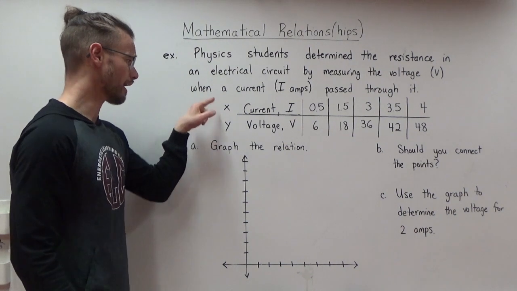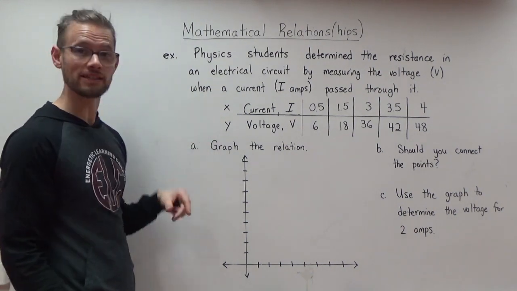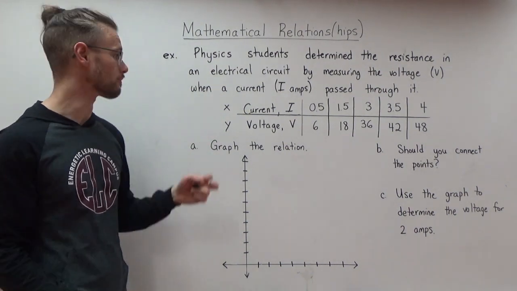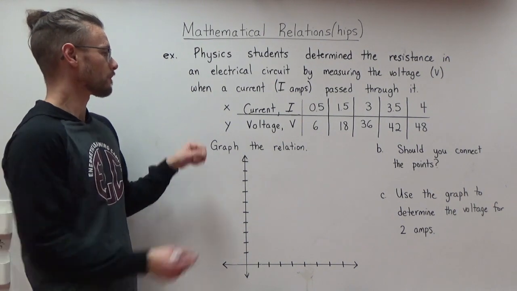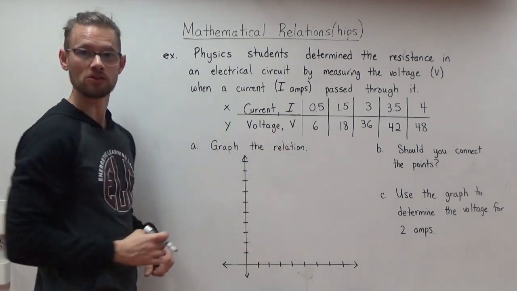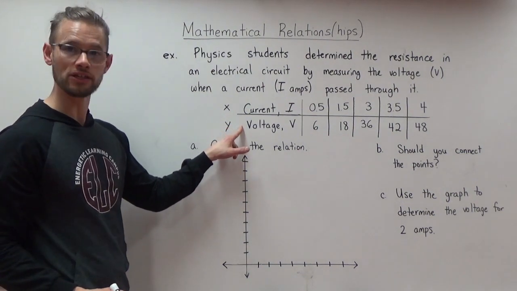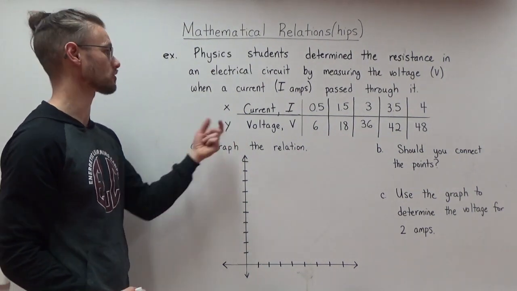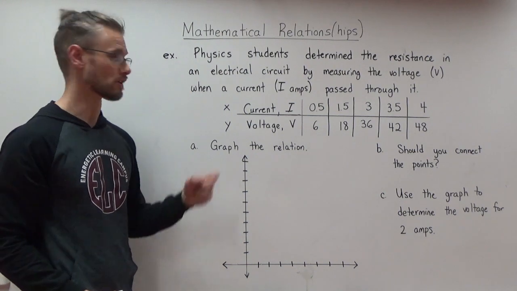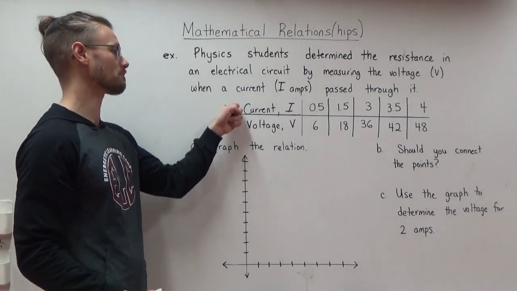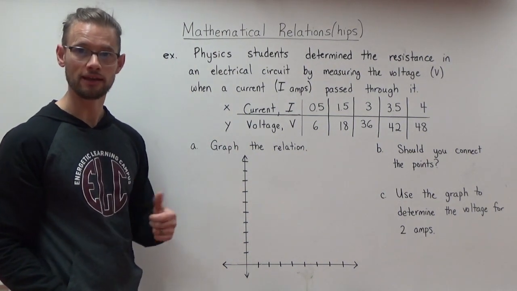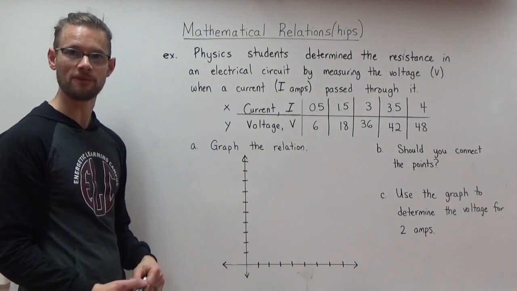And those two variables have significance in many problems, not all problems, but the y variable is what's called our dependent variable. In this case, voltage depends on how much current is passed through it. So the y depends on the x, okay?